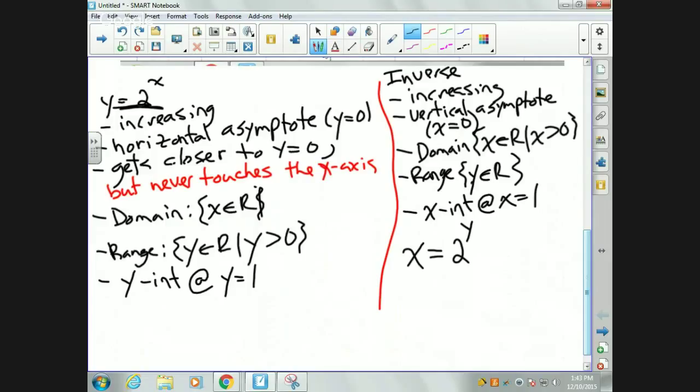For now, I should introduce what's called logarithmic notation. Basically, the inverse of y equals 2 to the x is this. And if we were to express this with log notation, I know that you guys have seen logs before, we get something like this.